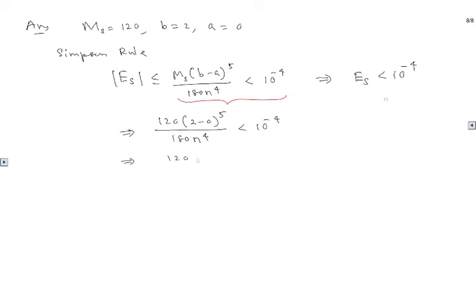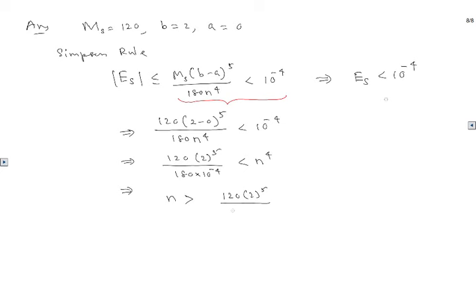Then you get 120 times 2 to the 5 over 180 times 10 to the negative 4, with n to the 4 on the other side. You cross multiply, and this says that if you solve for n, n is greater than the fourth root of 120 times 2 to the 5 over 180 times 10 to the negative 4.